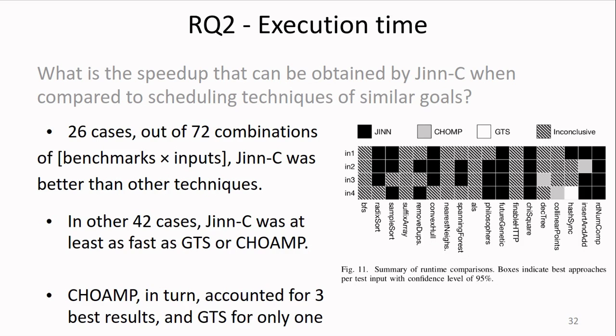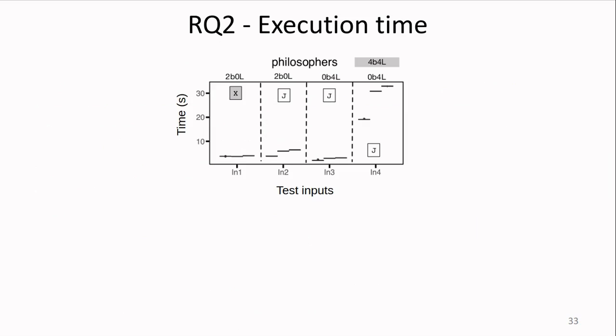And if you take one of these benchmarks and take a closer look, you can see how they differ. We're taking here the philosophers benchmark, and you can see that we have the 4 inputs on the x-axis, and on the y-axis we have the time in seconds. So for each input, we have the entries for the GCC, the Chomp, and the GTS.